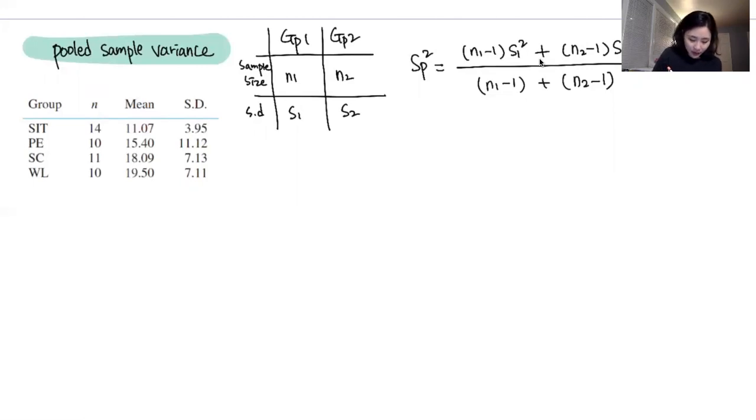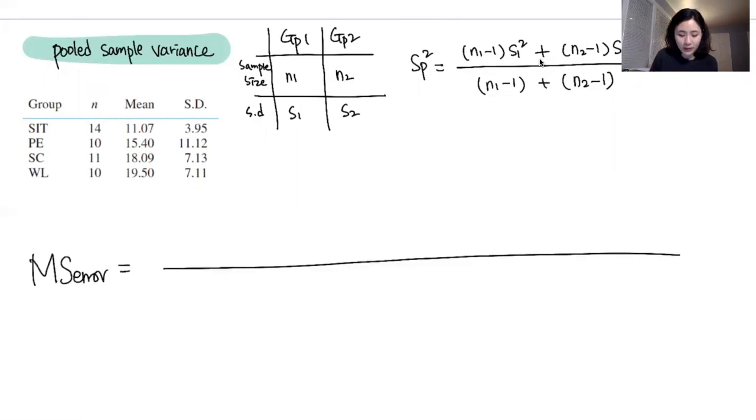So for the mean square error, my denominator is the sum of each group's subjects minus 1: 14 minus 1 plus 10 minus 1 plus 11 minus 1 plus 10 minus 1.